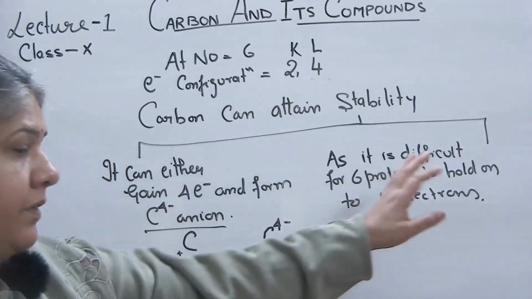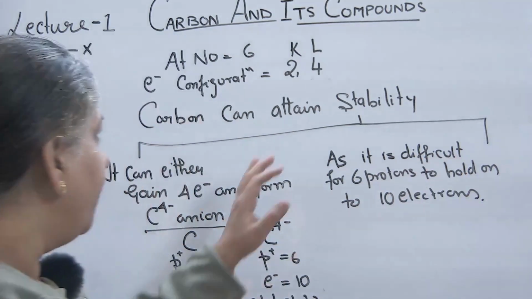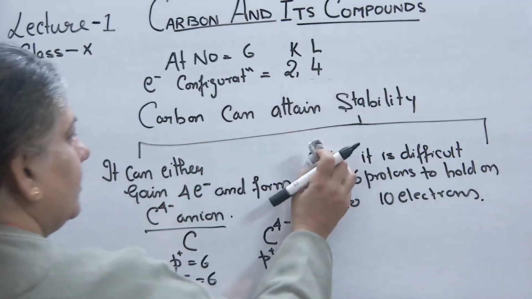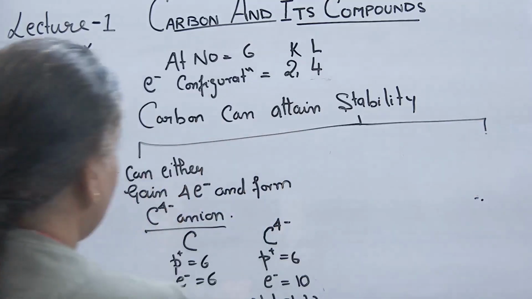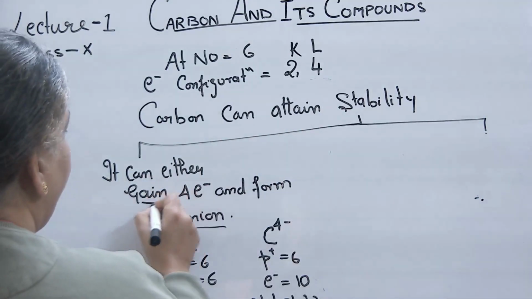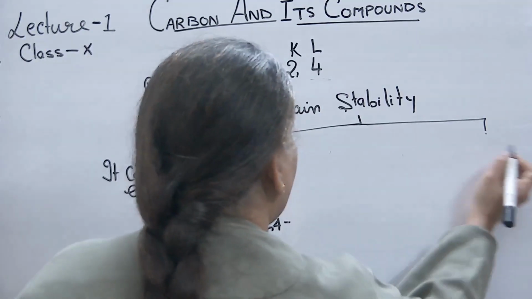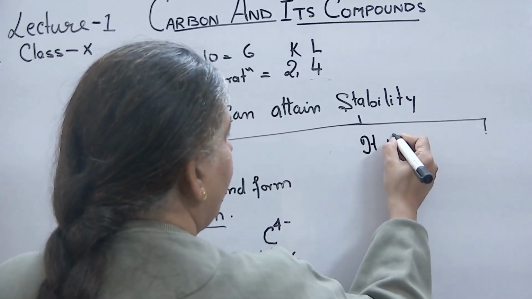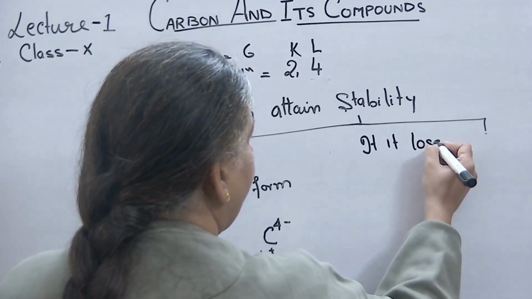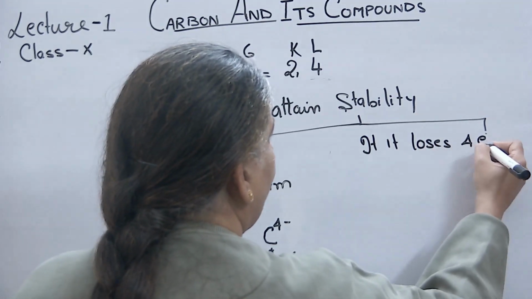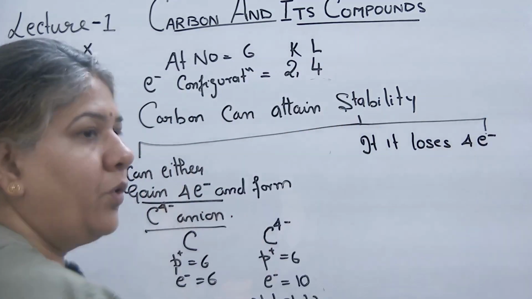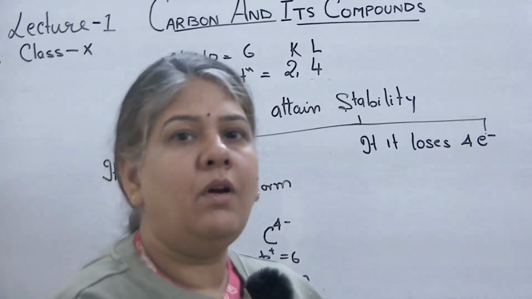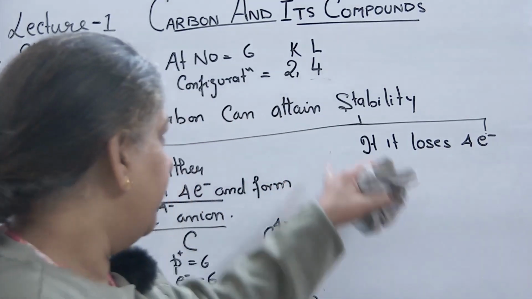Now, let's see another situation where it will lose 4 electrons. Here it was gaining 4 electrons, but if it loses 4 electrons, then it will attain the noble gas configuration of helium, 2.